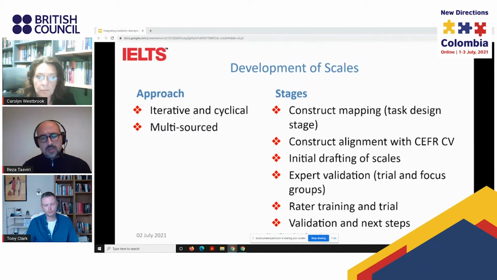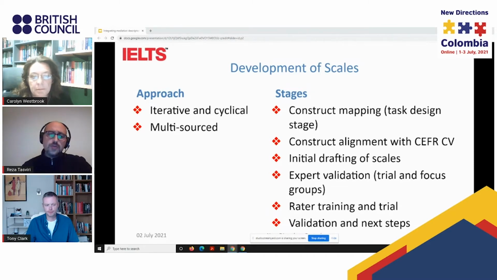We first did construct mapping based on the task, and also looking at the CEFR, and then we aligned the constructs with the CEFR band descriptors. An initial drafting of the scales was done, which was further refined by using some expert advice.